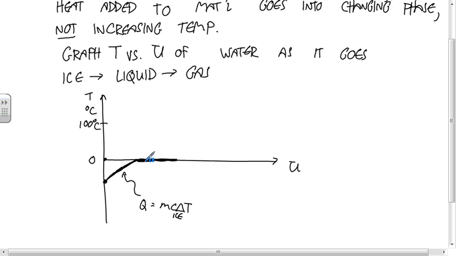After you've added some of that energy, you have mostly ice but there's a little bit of liquid in there. Add more energy, you have more liquid and less ice until you finally get here and all of the ice is turned to liquid. At that point, it starts rising again.